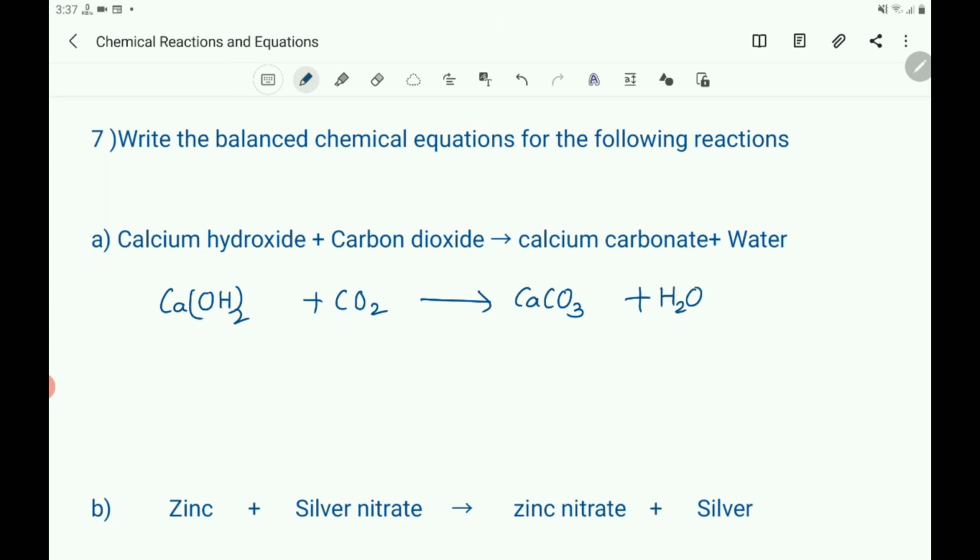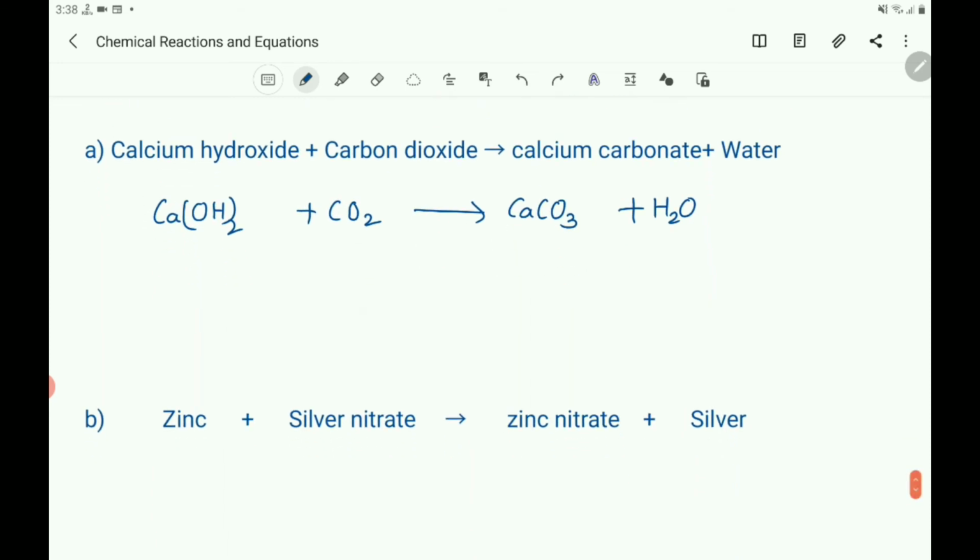Molecular formula of water is H2O. Now you verify whether the equation is balanced or not. Here O2, O2, 4 you will get, and O3 plus O, 4. Oxygen got balanced. Next Ca, single atoms on both the sides, and H2, H2, 2 atoms on both the sides. So the equation is a balanced equation.